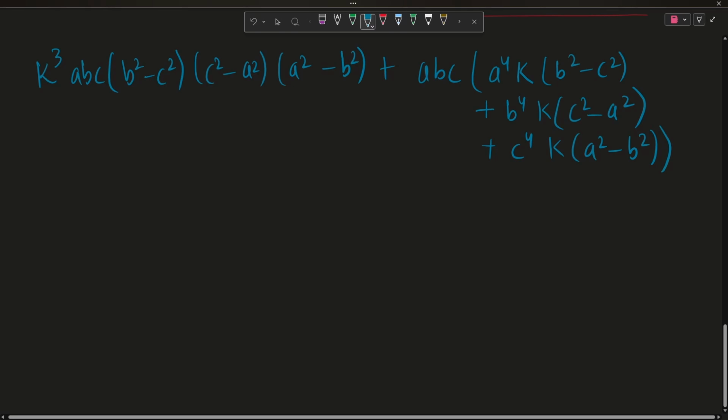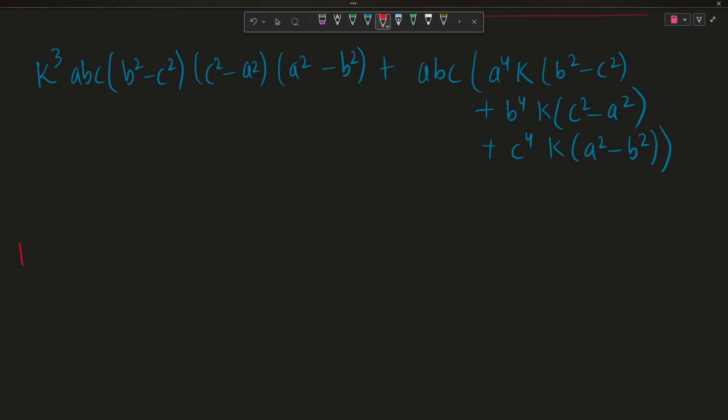Now further simplifying it, taking k and abc common, we will be getting k square into b square minus c square, c square minus a square and a square minus b square, plus abc is common, k is common.